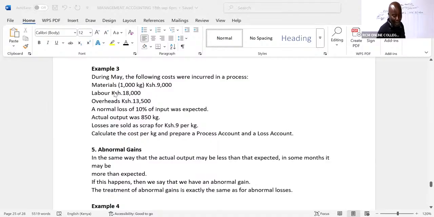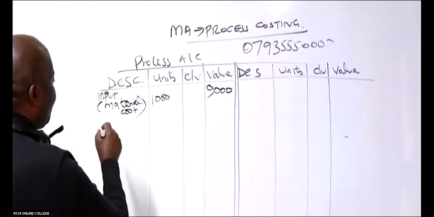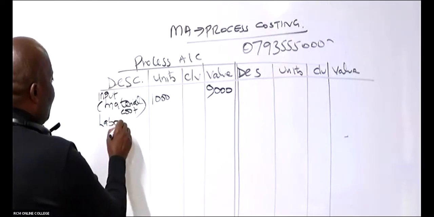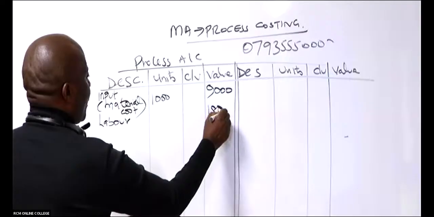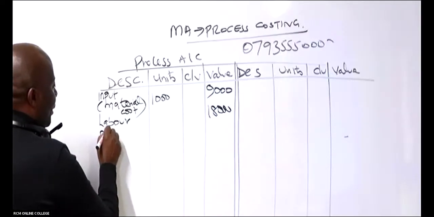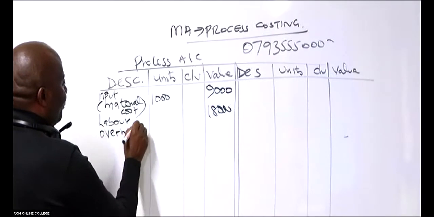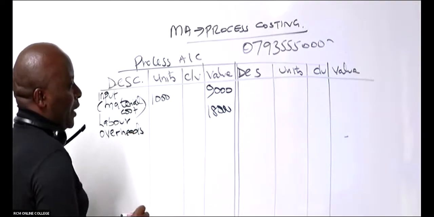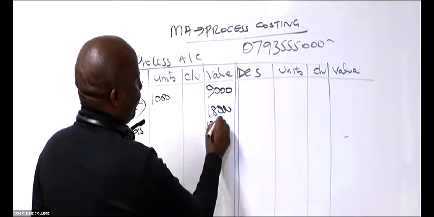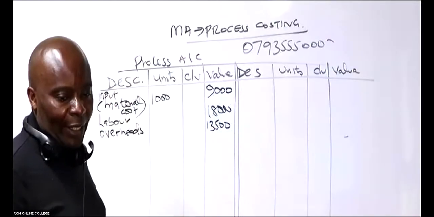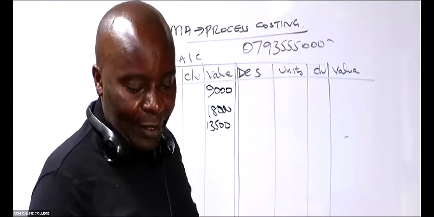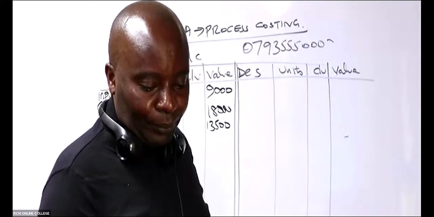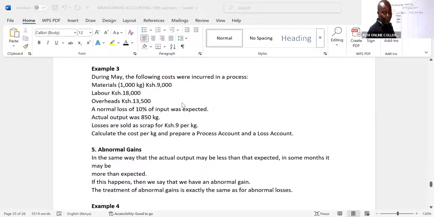So you can see labor is 18,000, and then we have overheads, 13,500.